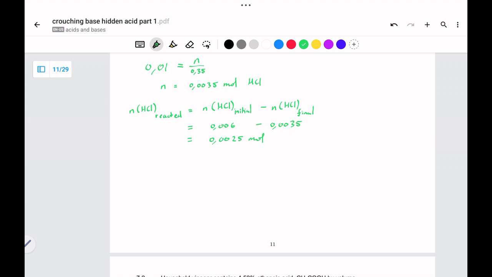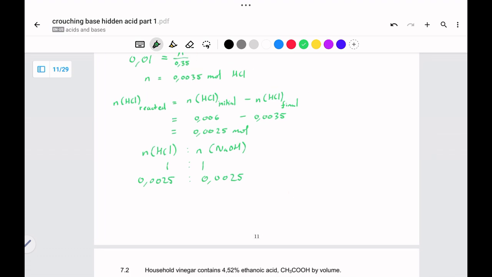So we need to say moles HCl to moles NaOH is 1:1. So this number here gives us this number here, and then C equals, that's moles N over V.